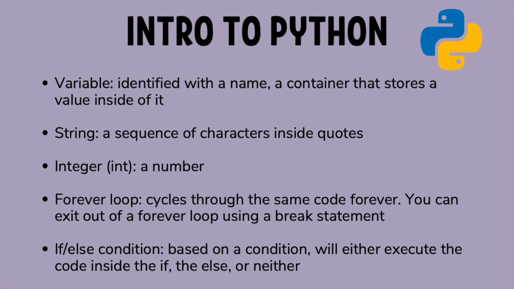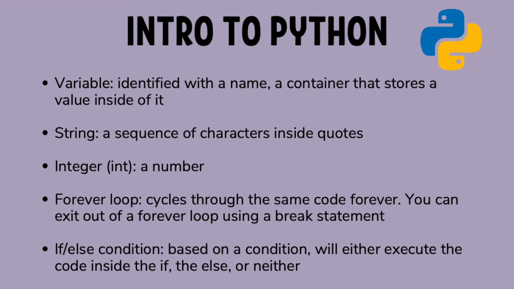A loop is a piece of code that runs over and over until a certain condition is met. If there is no specified condition for when the code should stop running, then the loop is considered a forever loop. In order to prevent a forever loop from running, forever, a break statement can be added to tell the program to break out of the loop. The last concept you'll need to know is the if-else statement. This statement allows you to execute two different pieces of code depending on a certain condition.